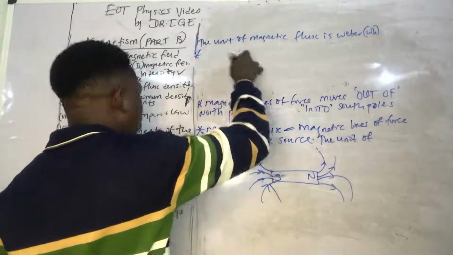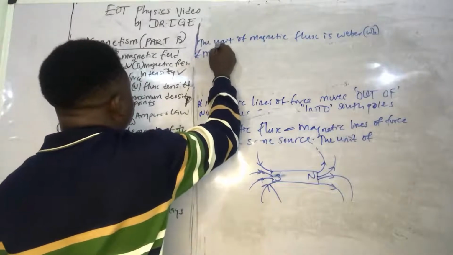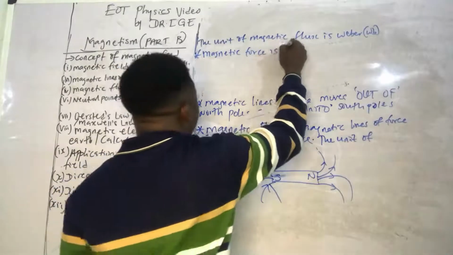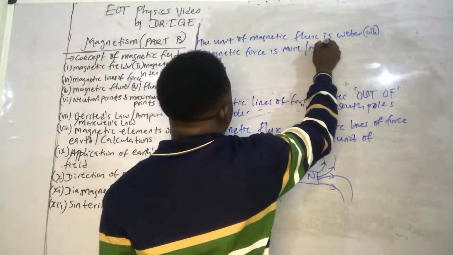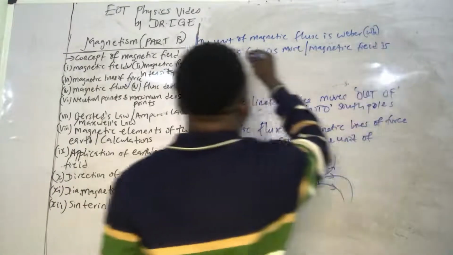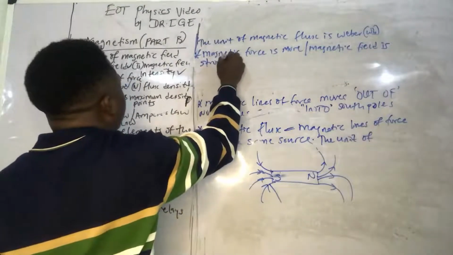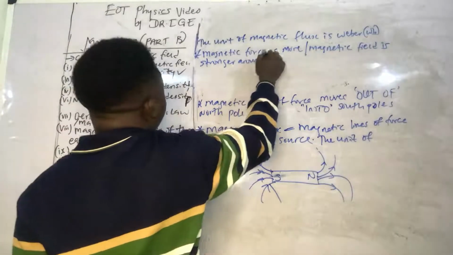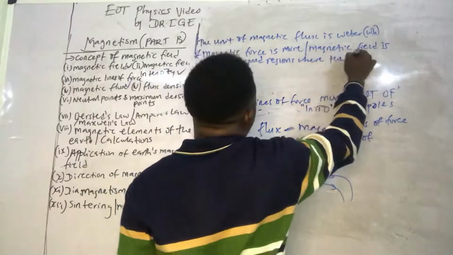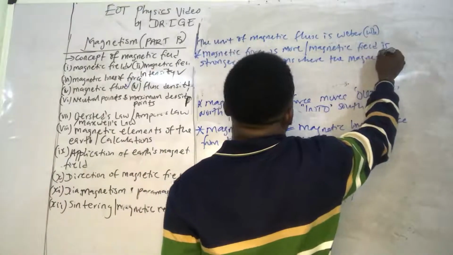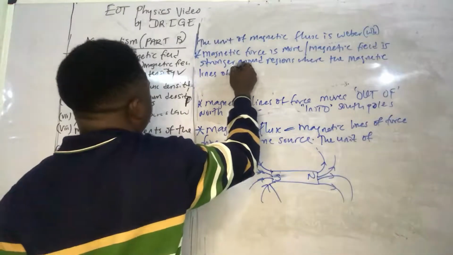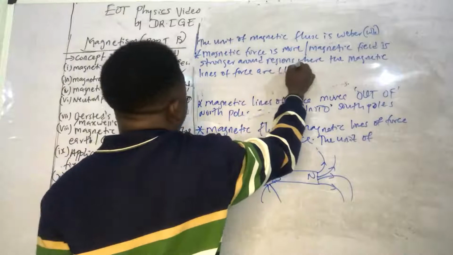Okay. The last one to talk about is that the magnetic field is stronger around regions where the magnetic lines of force are closer.